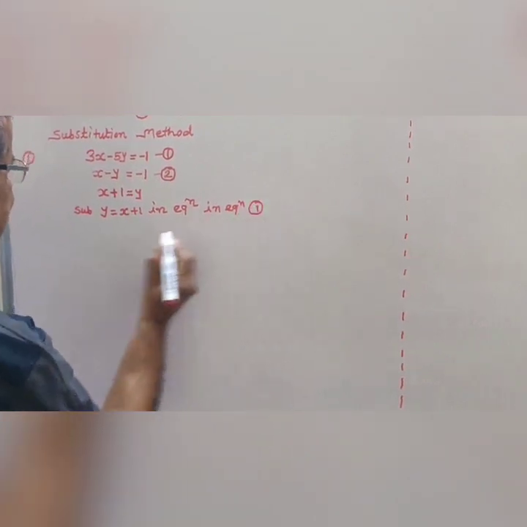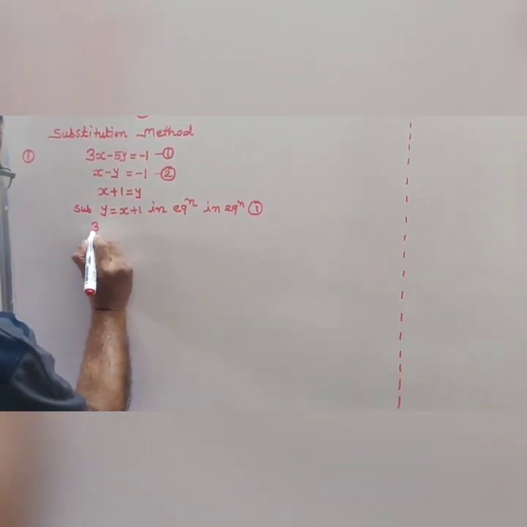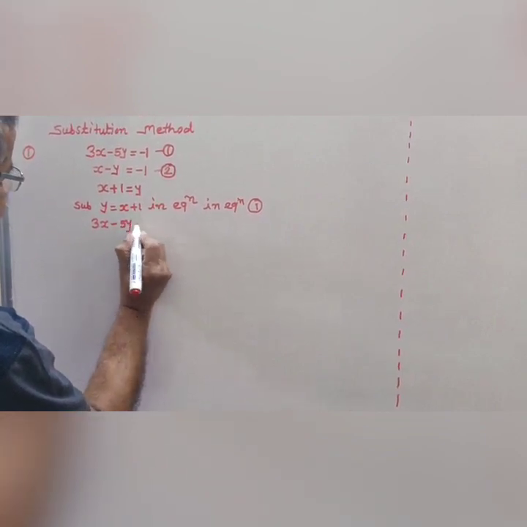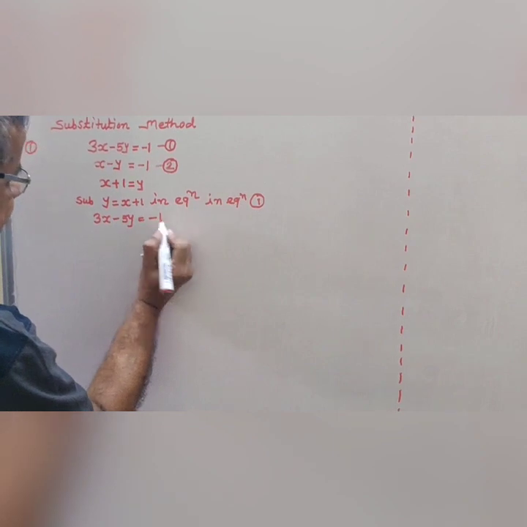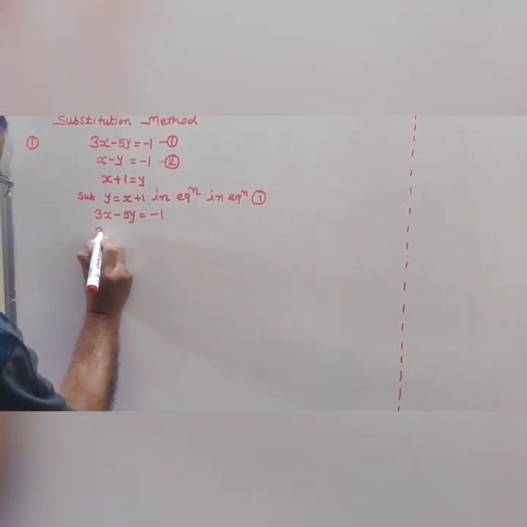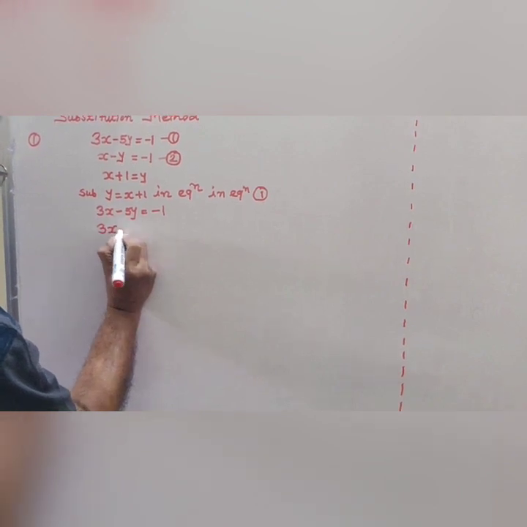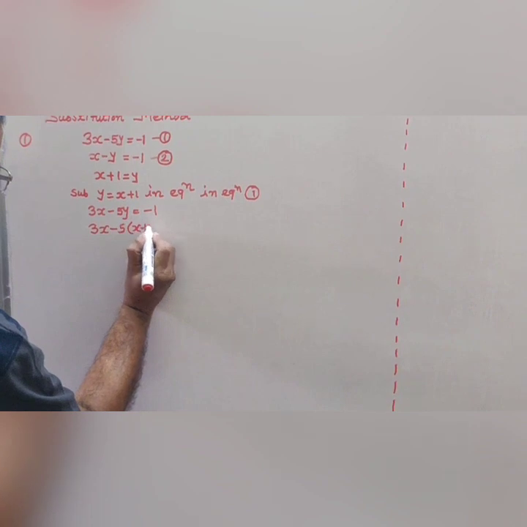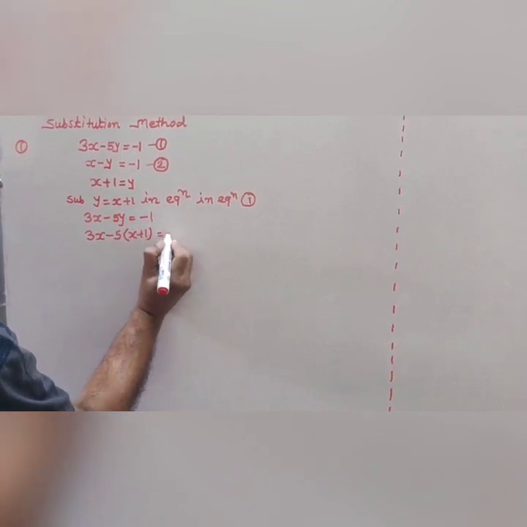So equation 1 is 3x minus 5y is equal to minus 1. Now I will substitute the value of y here. So we get 3x minus 5 into bracket x plus 1 is equal to minus 1.